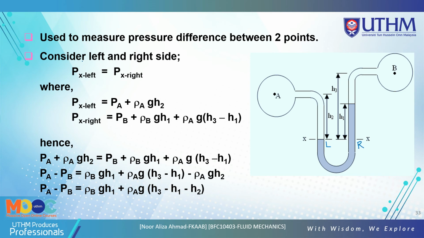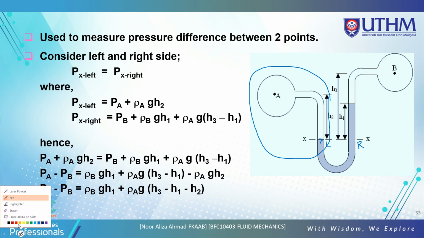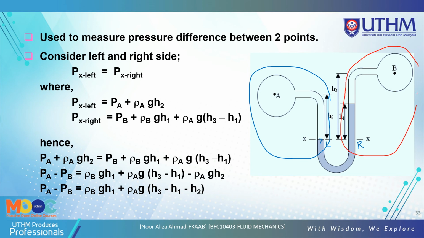On the left side, they consider the pressure at A and also the pressure of the fluid here, so pressure at A plus the pressure in this fluid, density A times g times H2.